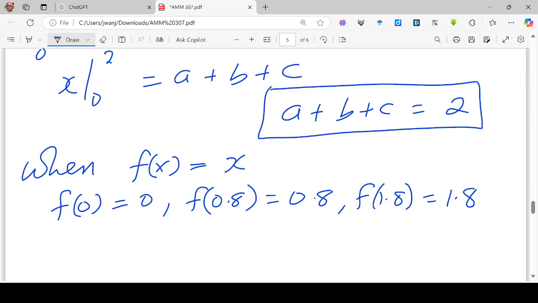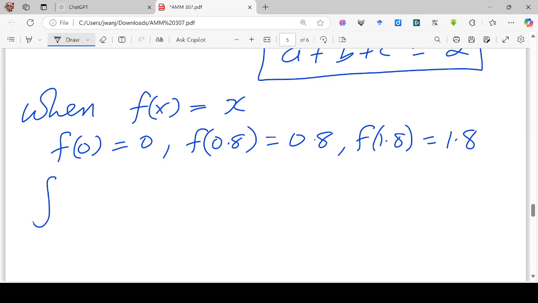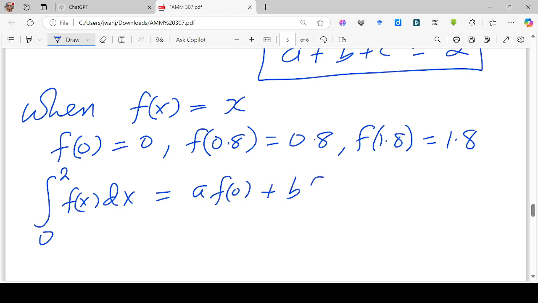Substituting, the integral from 0 to 2 of f of x dx equals a f of 0 plus b f of 0.8 plus c f of 1.8.